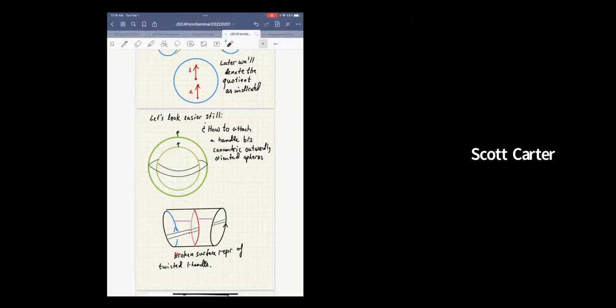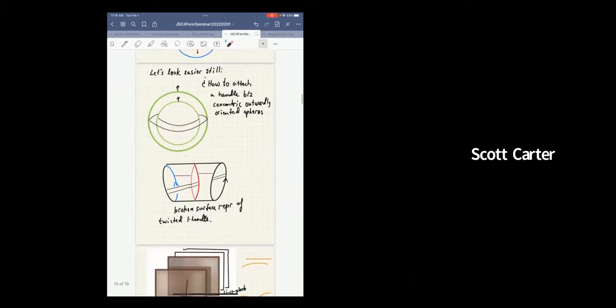So what you have to do is twist the tube with a 180-degree rotation and attach one side to one face and another side to the other face. That 180-degree rotation is going to have those two branch points over here. So this is a broken surface representative of that.